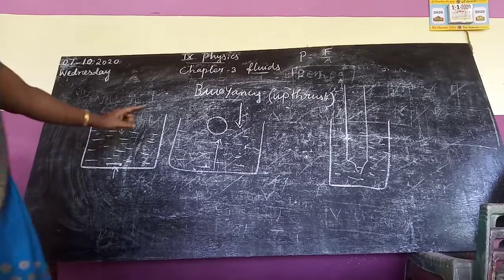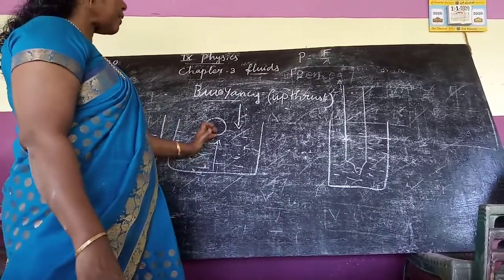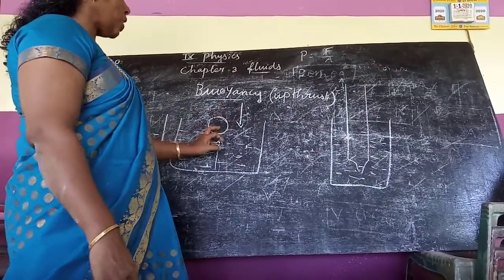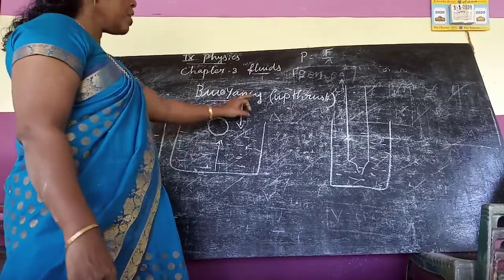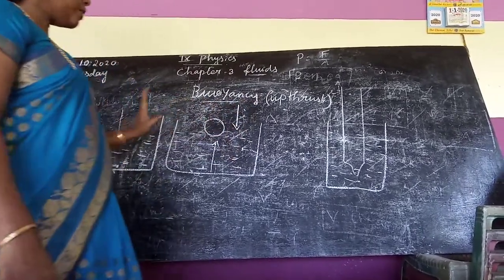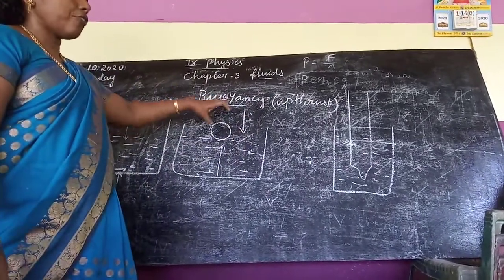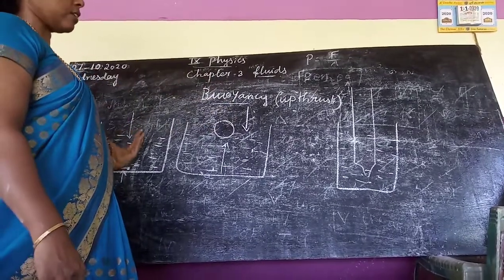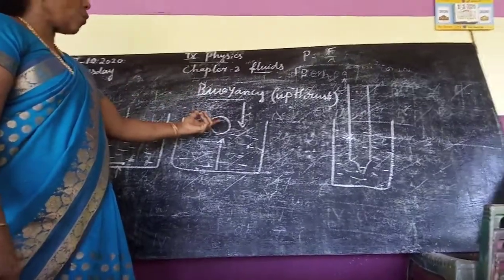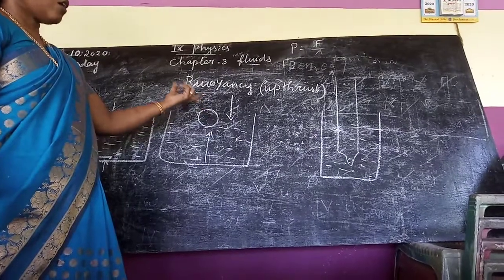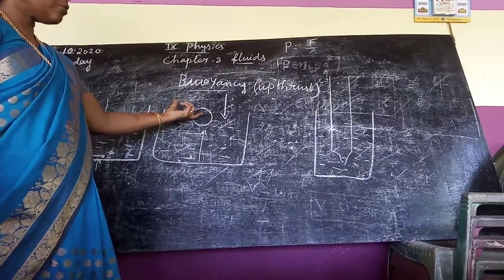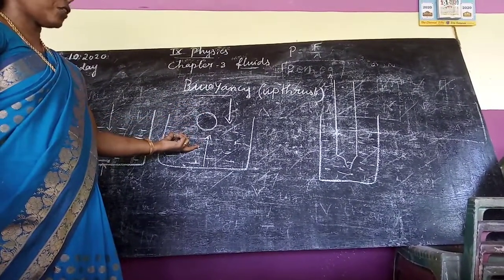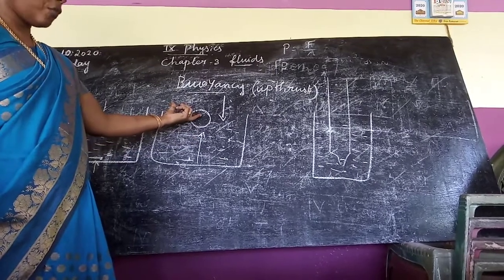Now here the upthrust force is greater than the gravitational force. So this is buoyancy force, which means some objects will float, some objects will sink. All of you know this. Why is the object floating? Because the weight of the object is less than the weight of the liquid, the object will float.